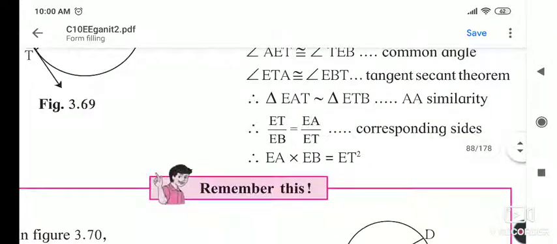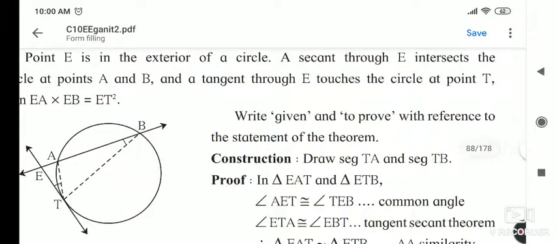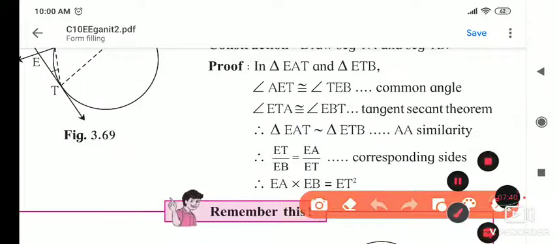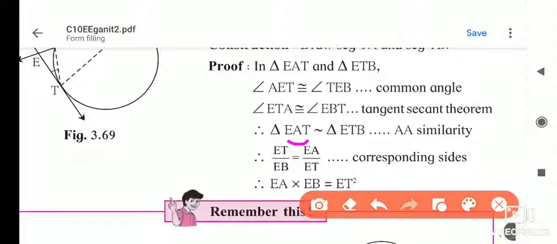Once they are similar to each other, what do we want? We want ET two times. So here it is ET. First and last, ET upon EB, it is written here, and EA is present in first and second place, so EA upon ET.